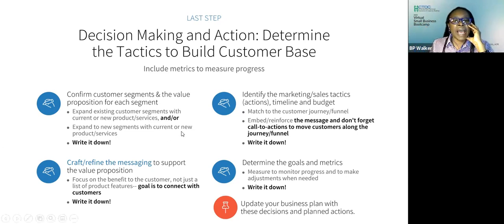And the other question you're going to ask yourself, do I come up with new products? Meaning, do I have a modified version of what I already do so it doesn't cost me much to offer to the new segment or to the existing customer segment? So you write that down, and then you write down the value proposition because you need to refine the messaging.